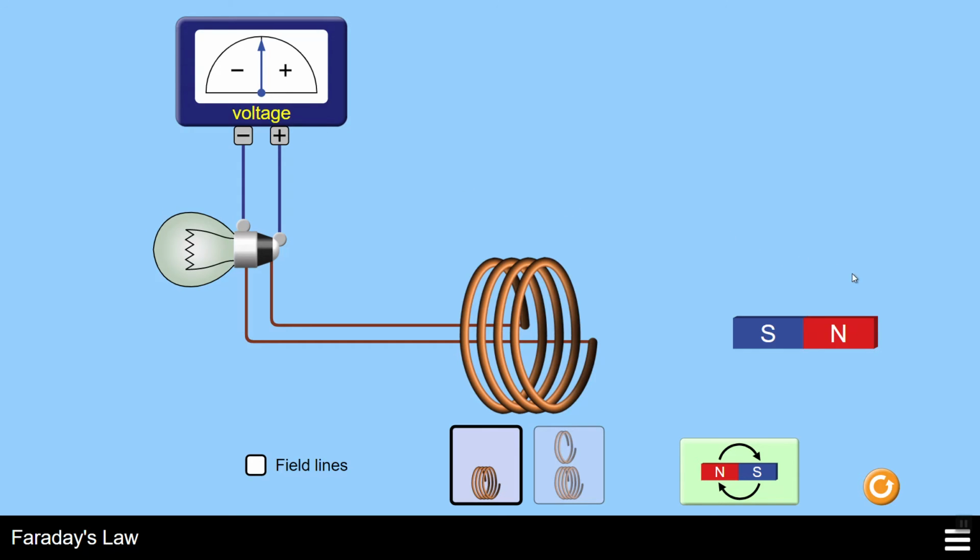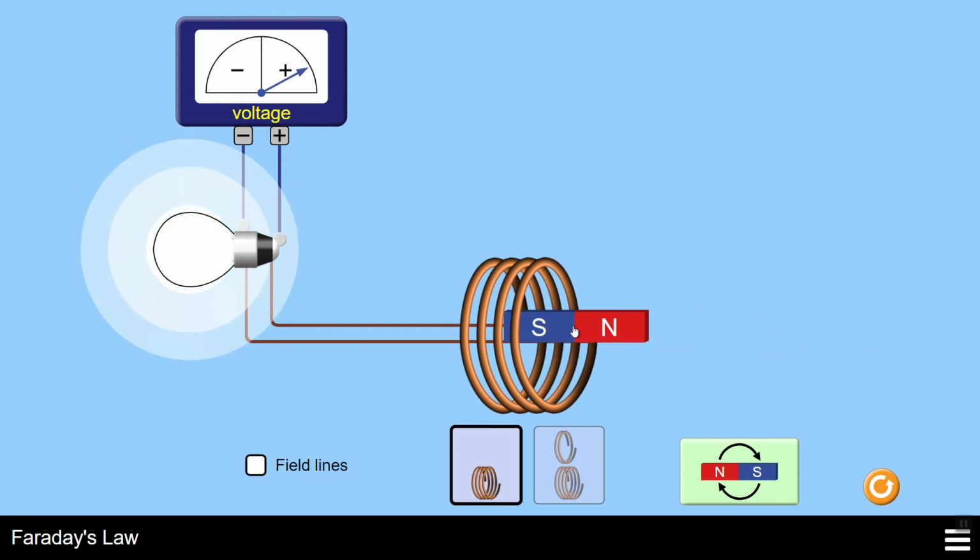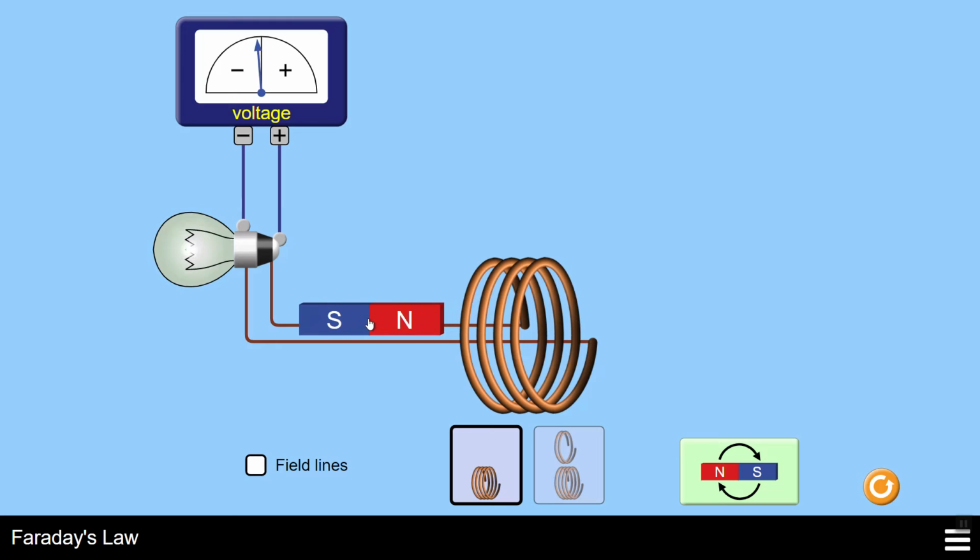When I drive this magnet into the ring, you must be careful about the direction of the needle when I push the magnet into the rings. Okay, I am just about to perform the activity.